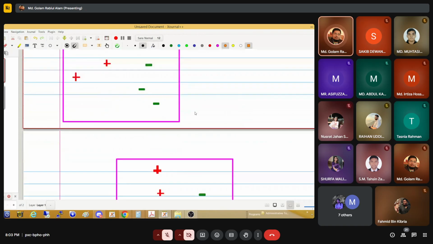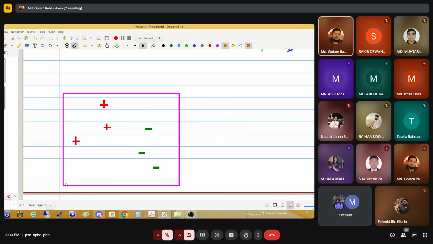Consider now the three-dimensional case. Not only the weight and height, we have another dimension. Let's say this is the gender.